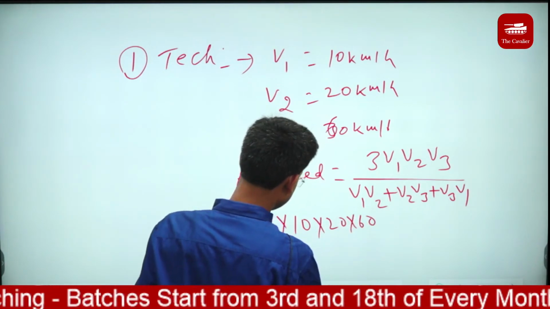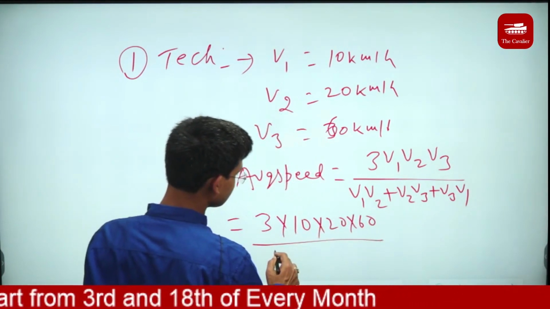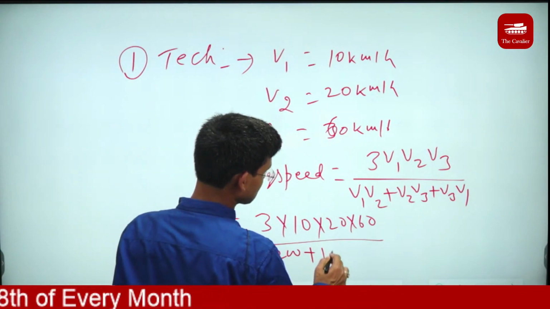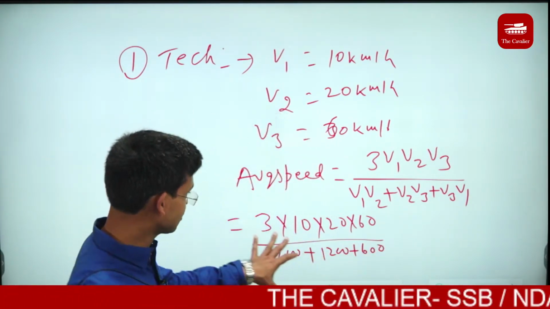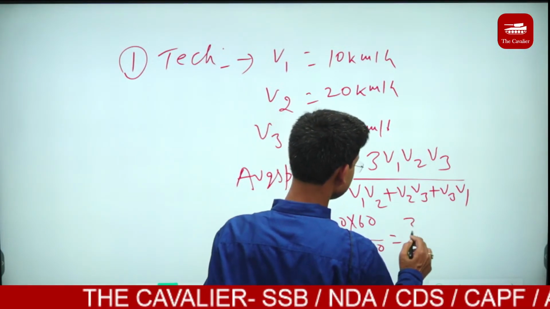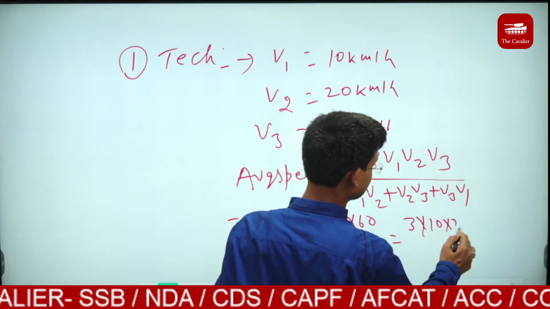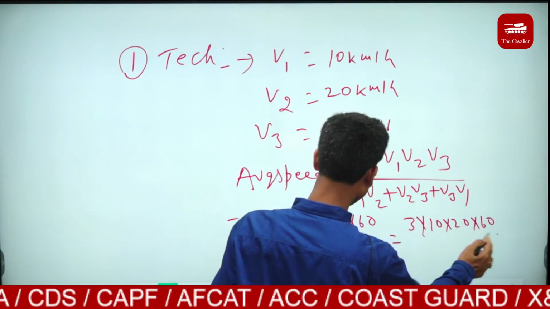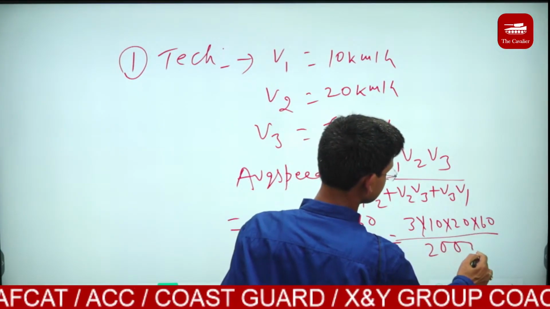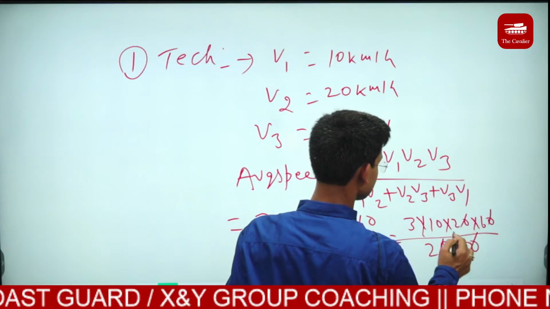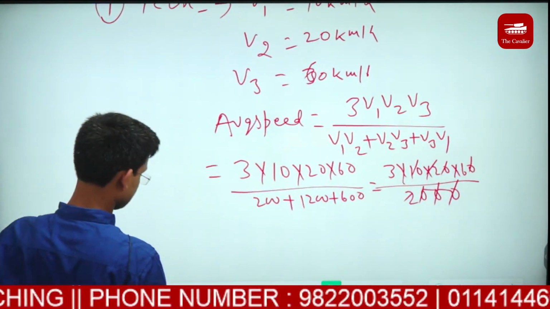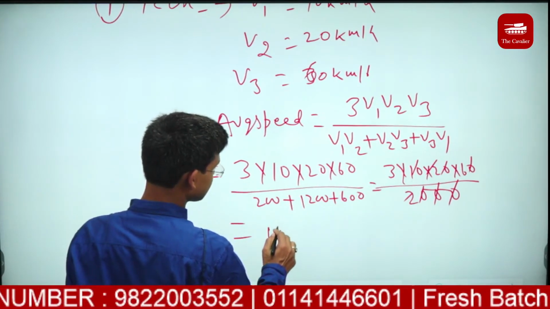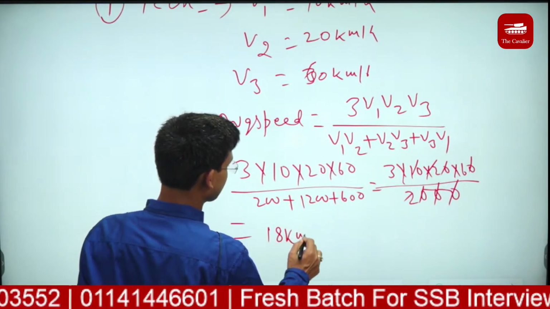v1 into v2 is 200 plus 1200 plus 600. When you solve it, 3 into 10 into 20 into 60 upon 2000, the correct answer is 18 km per hour.